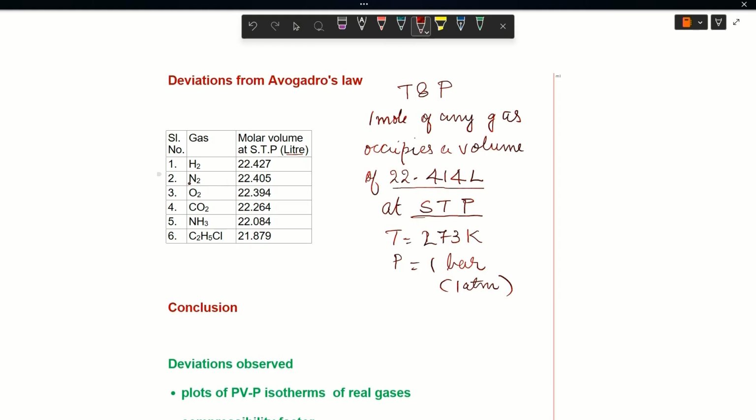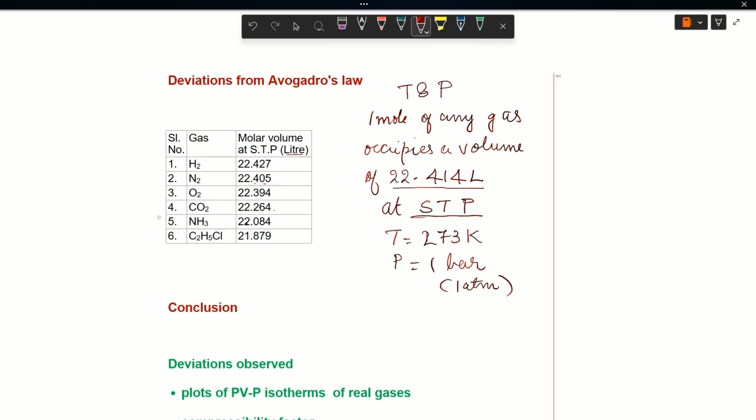Next is nitrogen, it is 22.405, again different, a lower value than 22.414. For oxygen, it is 22.394, again a lower value. For carbon dioxide, it is 22.264, a lower value.